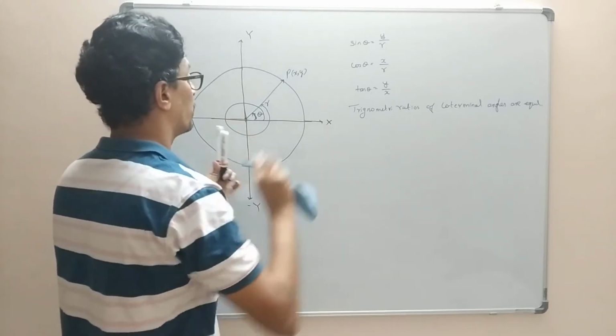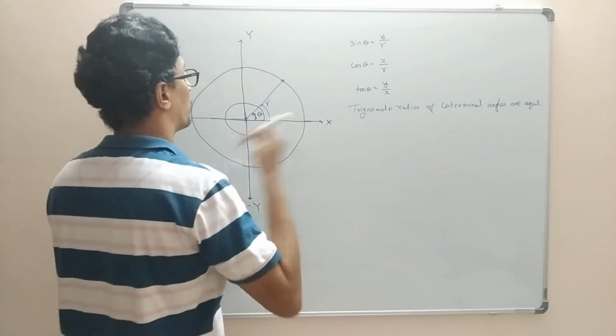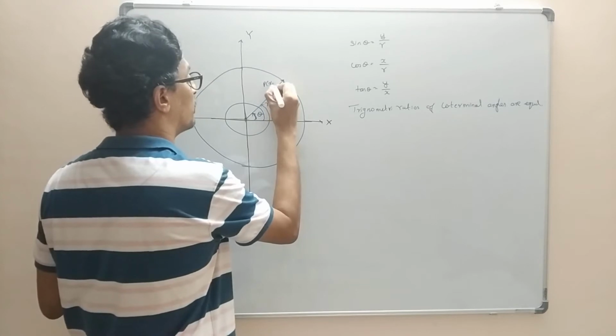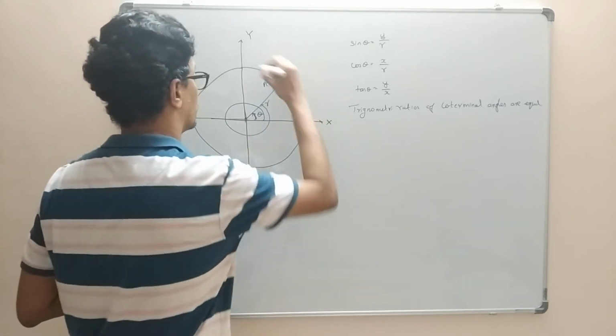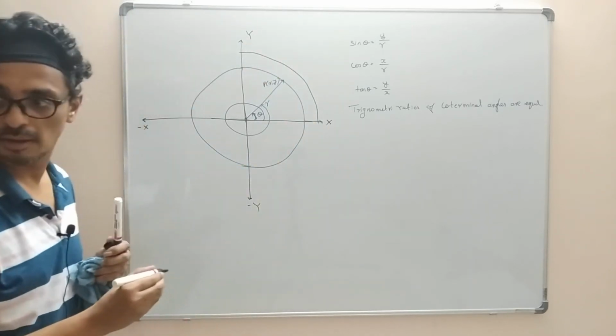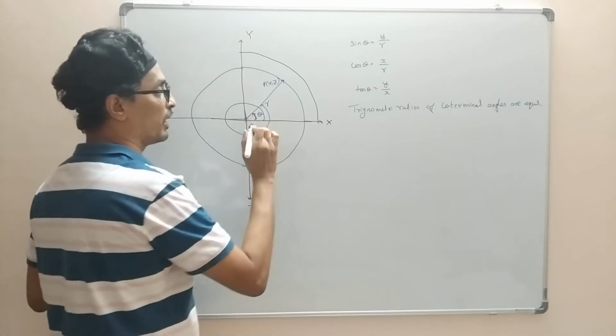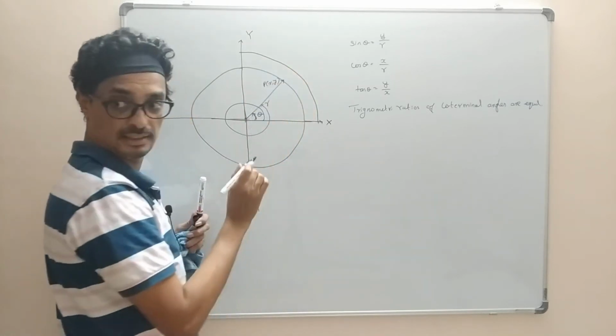So this is your P of x comma y. I am going to draw another circle along this, and this is the same angle. I will find the trigonometric ratio of theta using this circle.